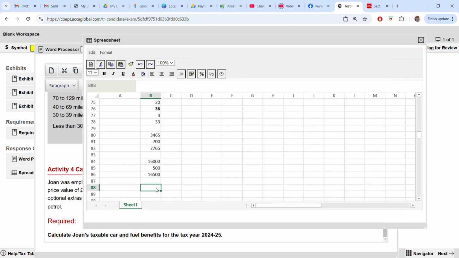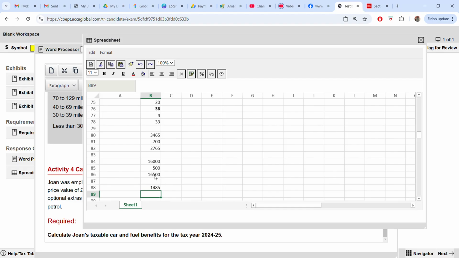Okay, so the car benefit is this multiplied by 36% multiplied by 3 months. It is 1485.